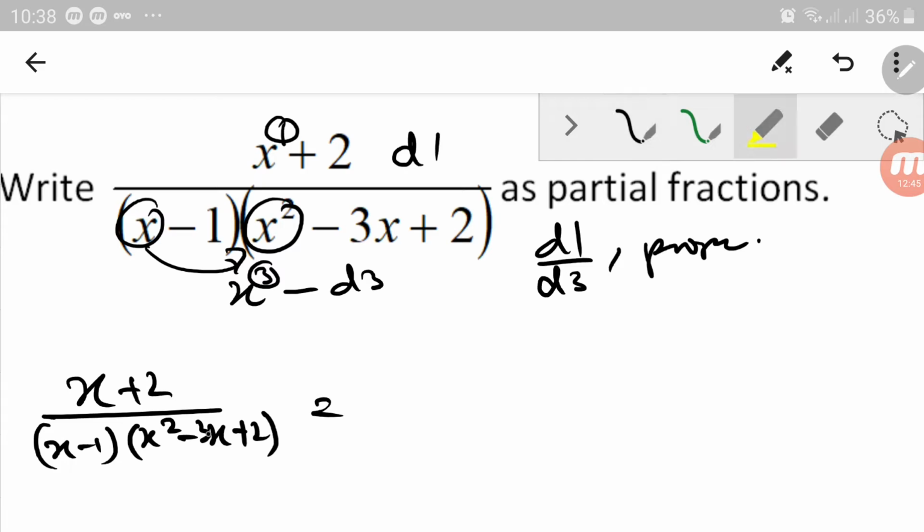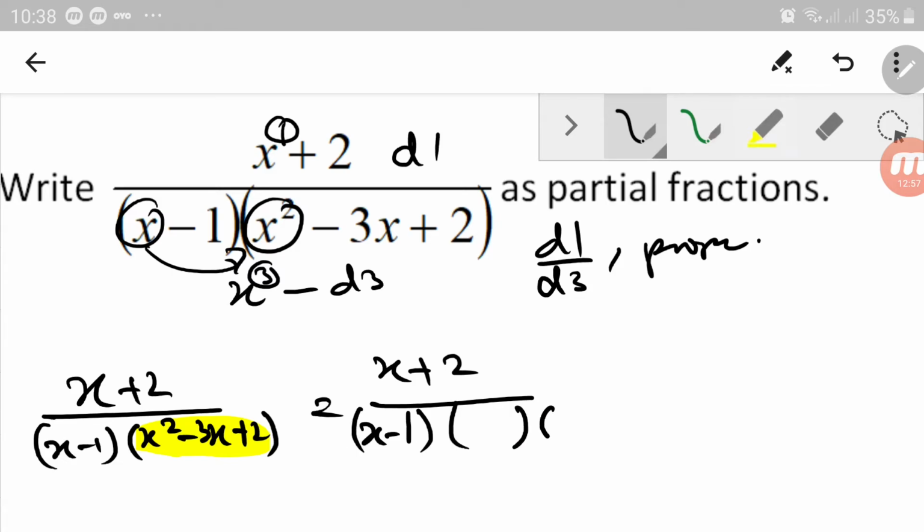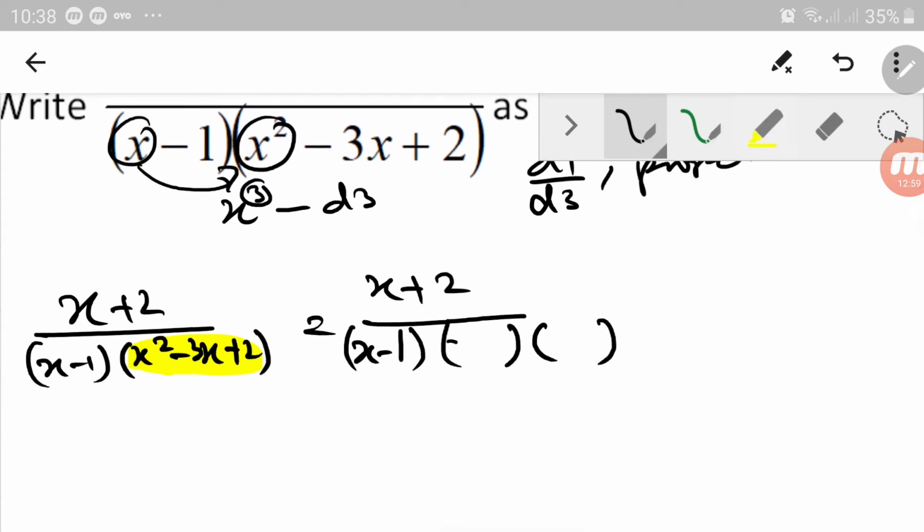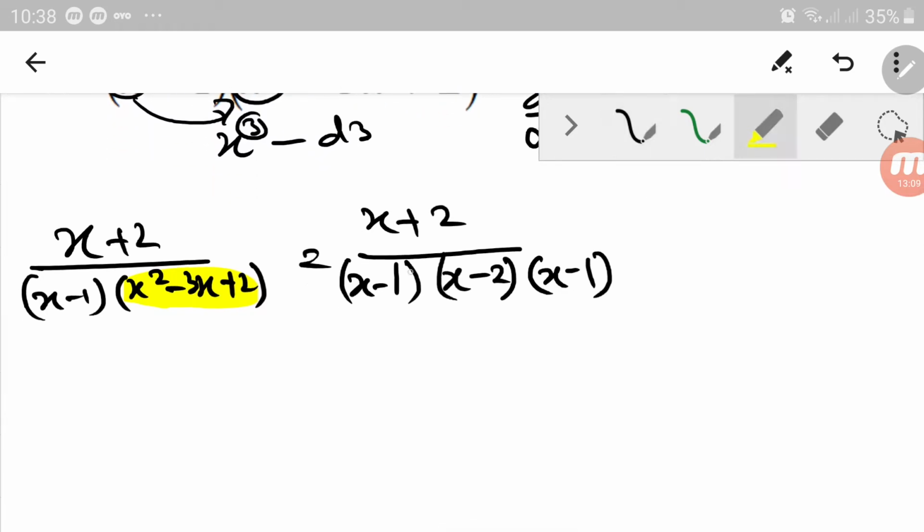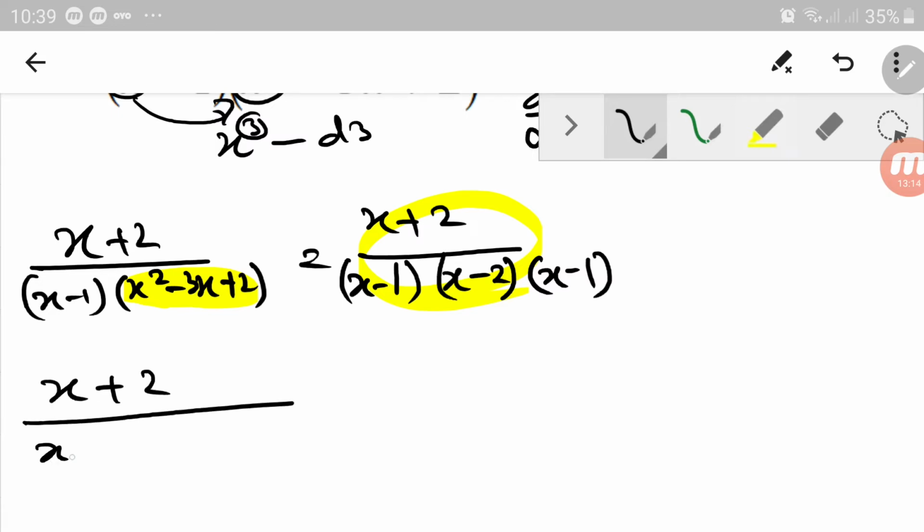I think this whole thing can factorize also. So x minus 2, x minus 1. Okay, this is the factorization that we get: x plus 2 over (x minus 1)(x minus 2)(x minus 1).